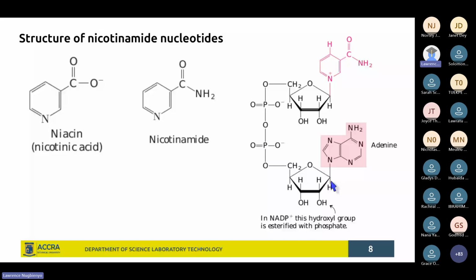But if you pay close attention, you realize that there is a second nucleotide where you have a ribose, and the base, which is on the ribose here, is now the nicotinamide. So that's nicotinamide there. And there's a phosphate group on carbon number 5.